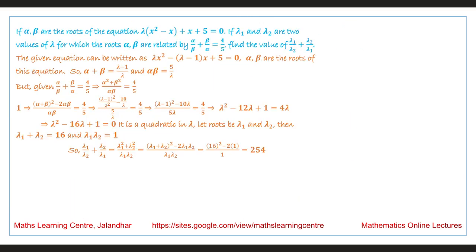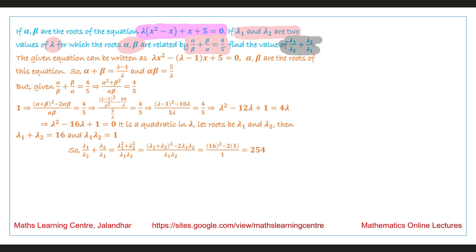Next is, if α and β are the roots of the equation λ(x² − x) + 5 = 0, and if λ₁ and λ₂ are the two values of λ for which the roots α and β are related by this equation, then we have to find the value of λ₁/λ₂ + λ₂/λ₁.